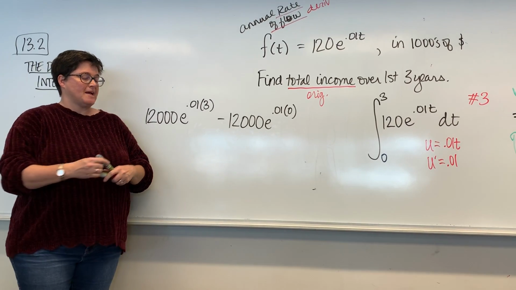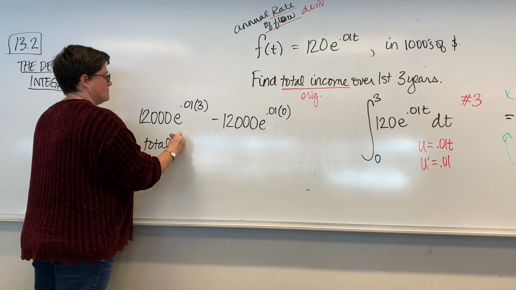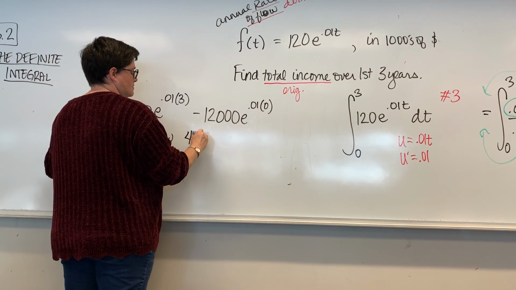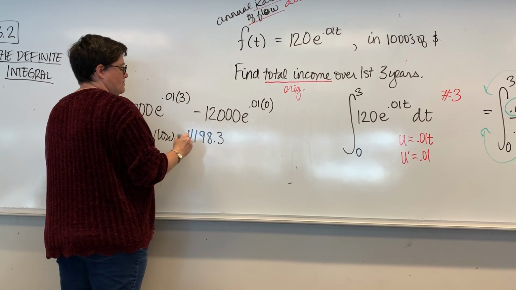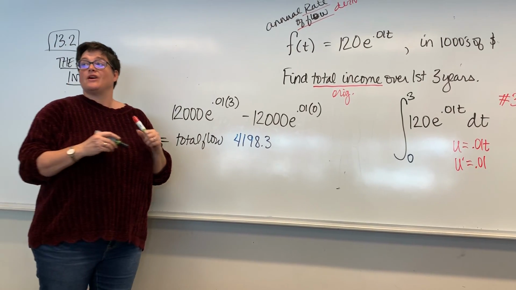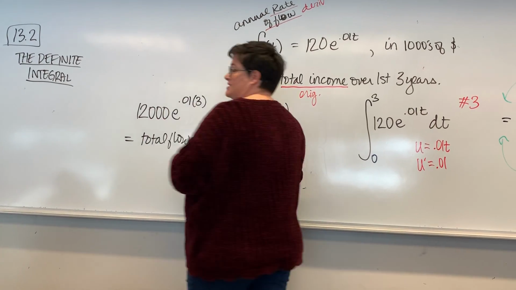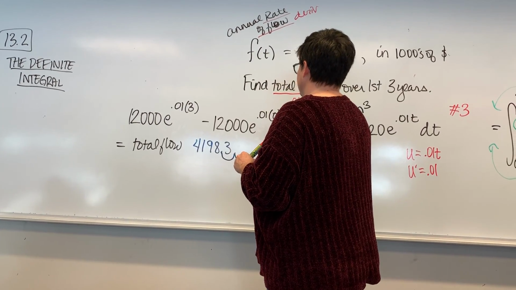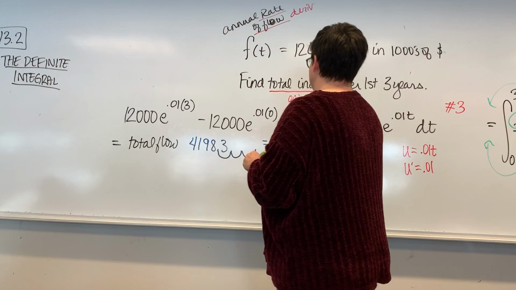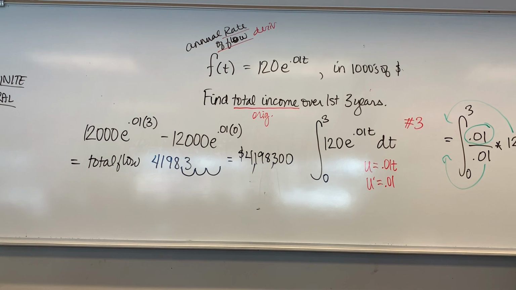What's my answer? 4198.3. But this is over the first 3 years and it's in thousands, so careful. It's in thousands. You're going to want to move that decimal 3 times. Is that right?